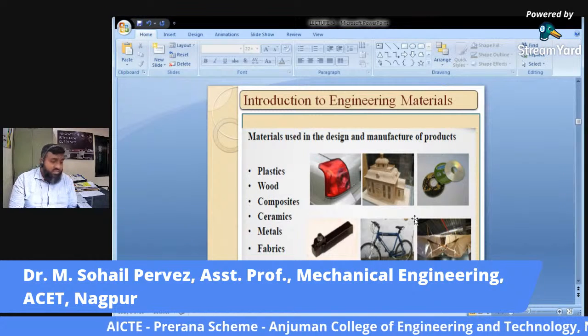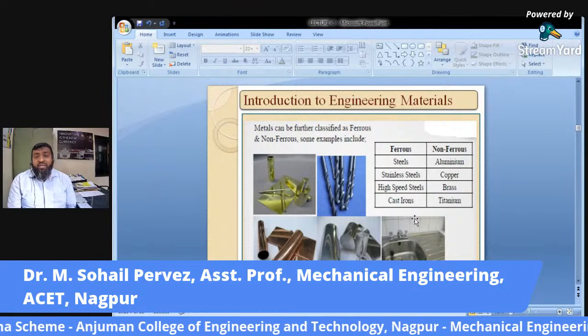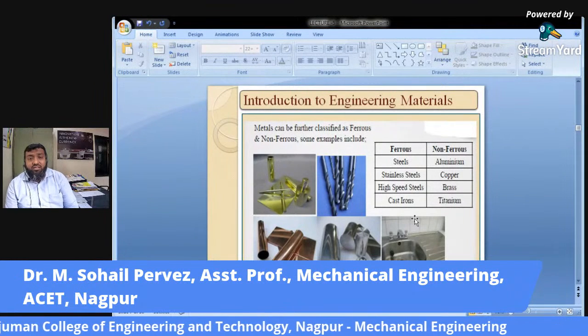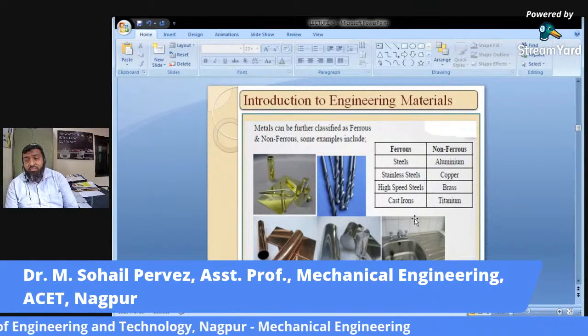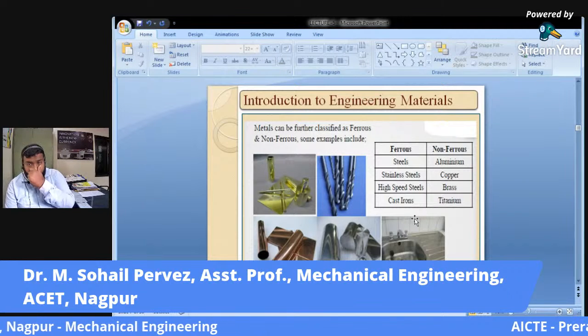As far as metals, again ferrous and non-ferrous. Some of the examples are steel, stainless steel, high-speed steel.